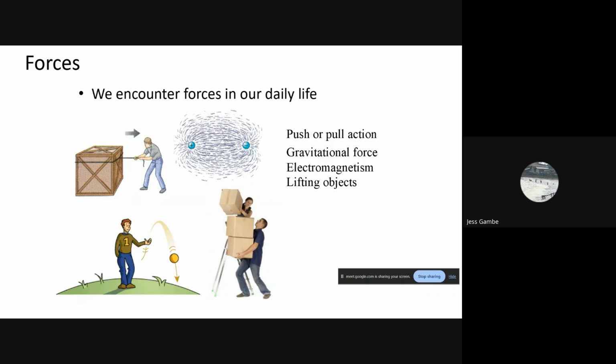But there are things that are invisible, like electromagnetism. So we cannot see the push and pull of charges because of their wavelength sizes. I assume wavelength sizes. Okay? But these are forces that we generally encounter in your daily life.